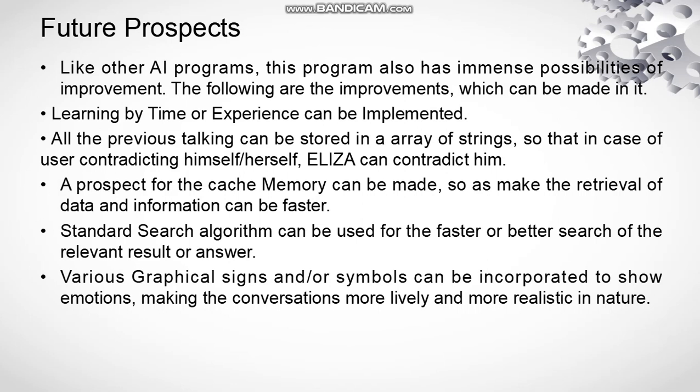If Eliza is communicating with a human, from human behavior it should learn what type of person that is, and also store his information and answer that person in an appropriate manner. Also, different graphical signs and symbols can be used, such as smileys, to reply to humans. And it's also possible that Eliza can store different responses of a human, and in case a human starts contradicting himself or herself, Eliza can also contradict him.